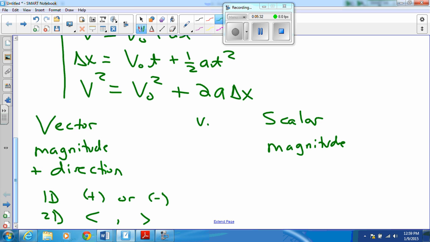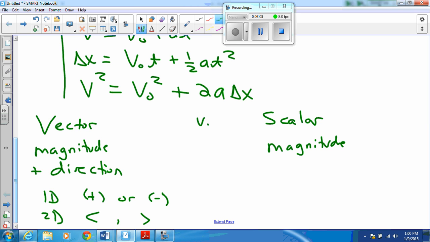What do I look for in the question that tells me? That's right. It's whether the object is moving in one dimension or two. So you have to visualize the path in your mind. If the path is a straight line, then I can just use plus or minus. If the path is some kind of a curve, then I'm going to have to use components.